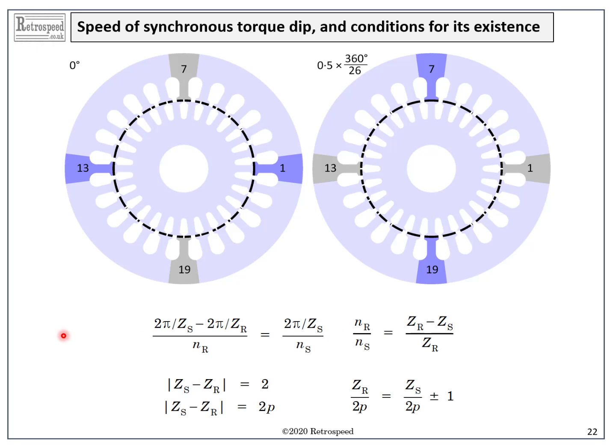So when can this undesirable condition arise? Well, let's look at the pattern of alignments, or the pattern of overlaps between stator and rotor teeth, which are highlighted in black.